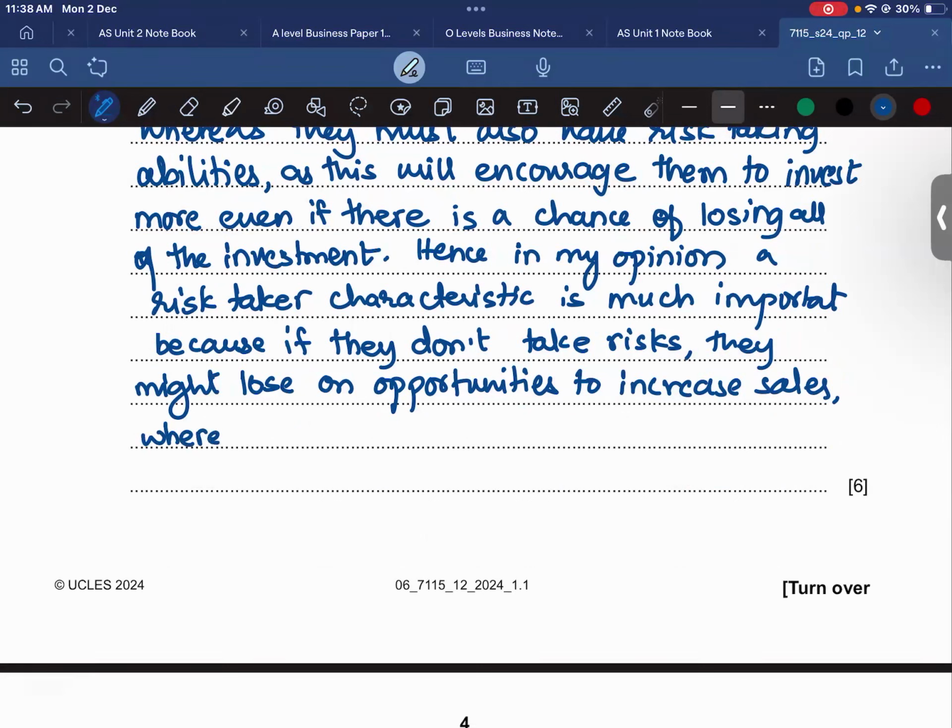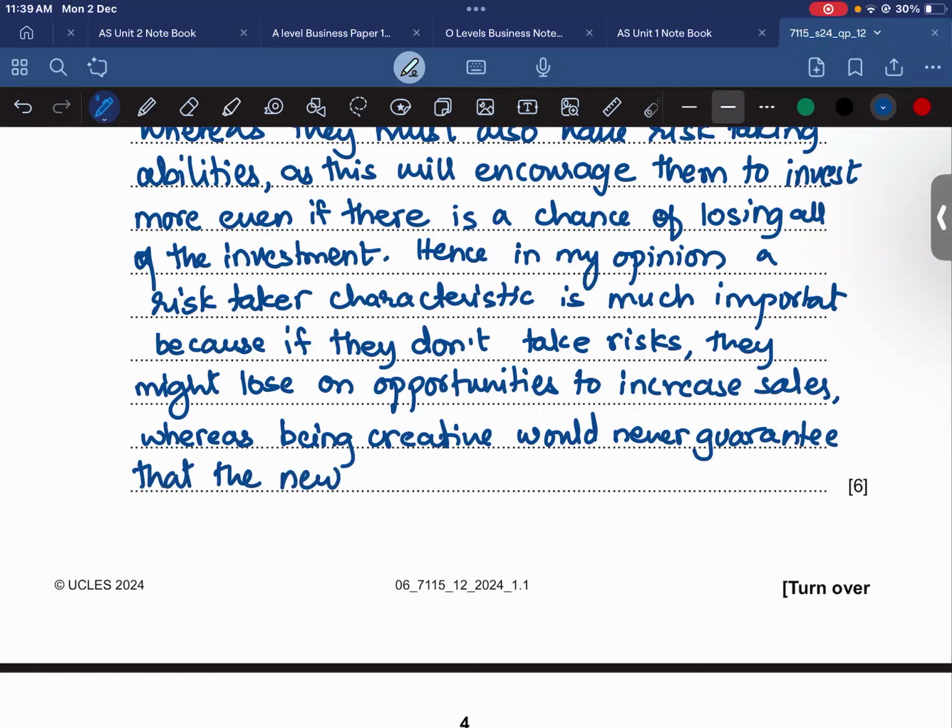Whereas being creative would never guarantee that the new idea will be a success.